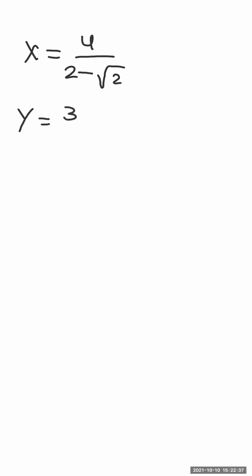Okay, one more example. If x equals 4 over 2 minus the square root of 2 and y equals 3 minus 2 square root of 2 over 3 plus 2 square root of 2. Write each of x and y such that the denominator is a rational number.